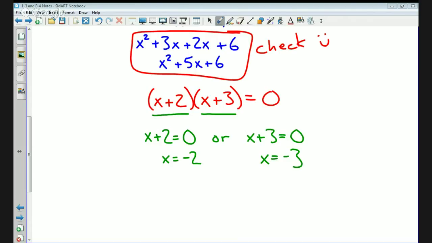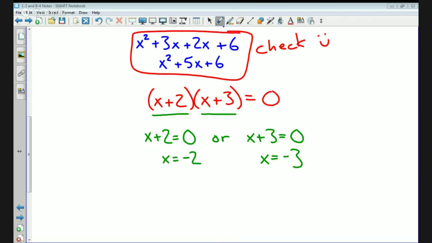And this means then that either one of those two x's will satisfy that equation. If you just do a quick check, put -2 in there, you'll get 0 times a +1. Well, that's going to give you 0. If you plug in -3 for the x's, you'll get -1 times 0, and that's also going to equal 0.